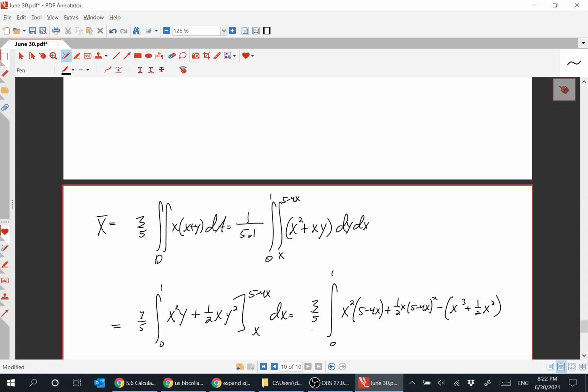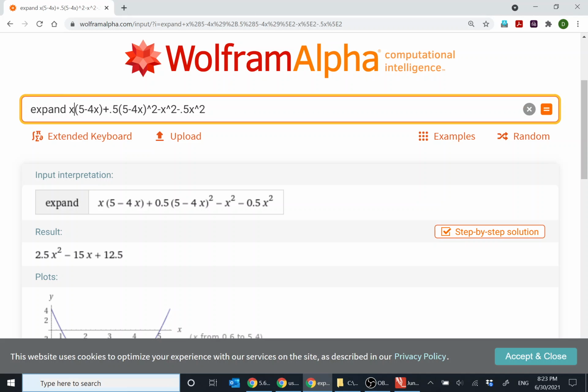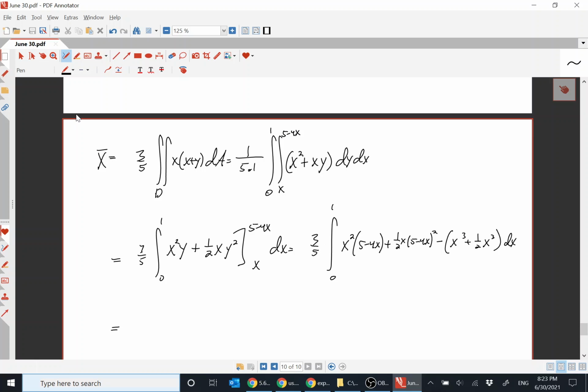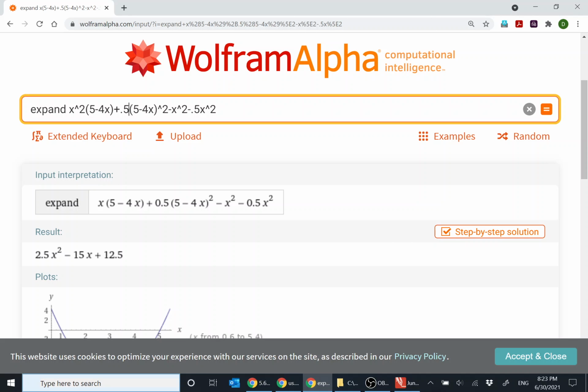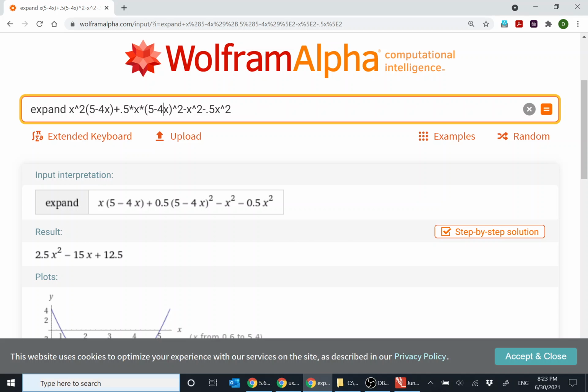All right, so now simplify the polynomial here. So x squared times 5 minus, plus 1 half x times 5 minus 4x squared, minus 3 halves x to the third.